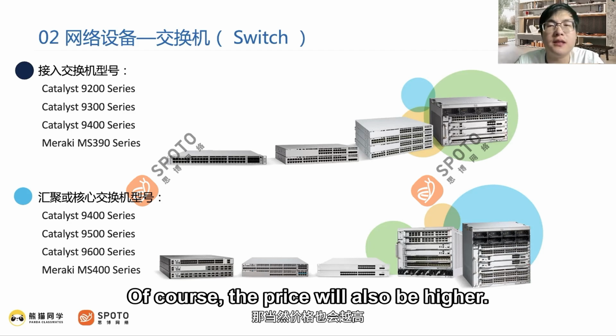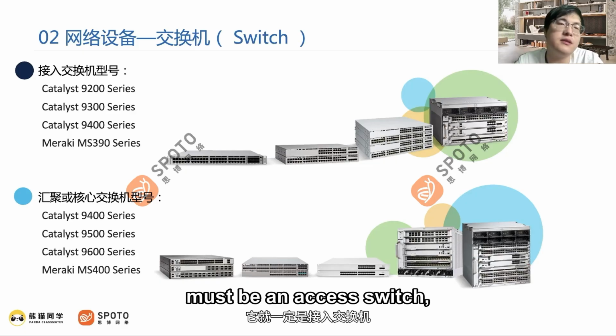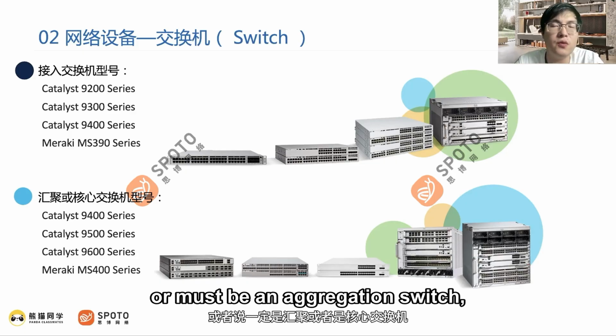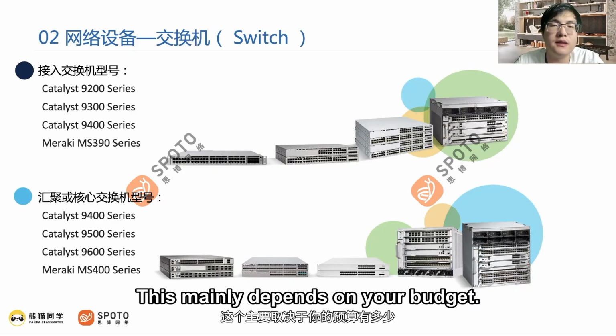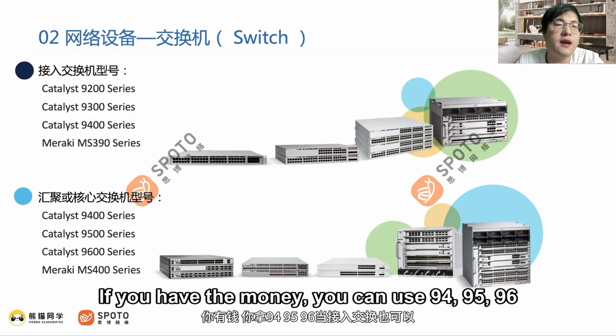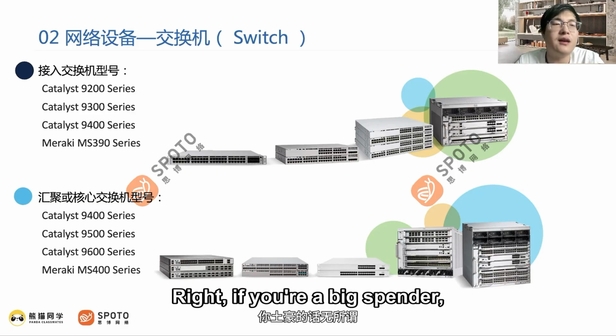Of course, the price will also be higher. So it's not that a certain type of device must be an access switch, or must be an aggregation switch, or a core switch. Not necessarily. This mainly depends on your budget. If you have the money, you can use 94, 95, 96 for access switches as well. Right, if you're a big spender.